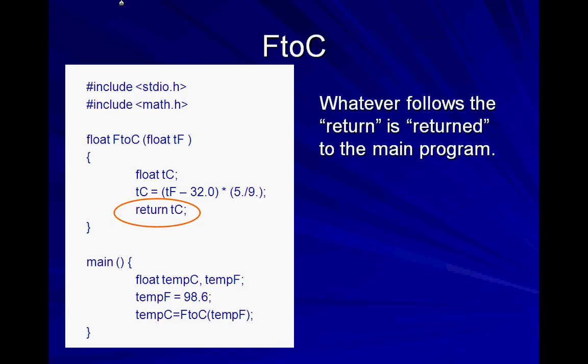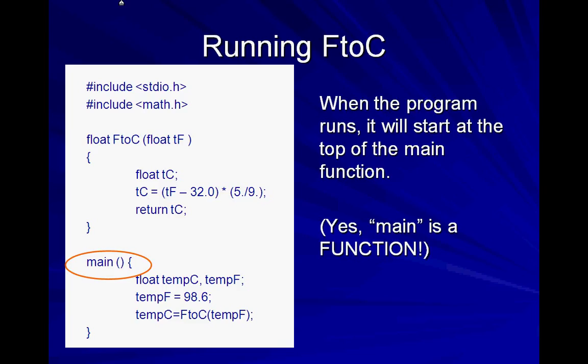When you're actually running this, keep in mind, C has no idea what FtoC is, so it's just looking to see if it's a function, and it is. That value of tempF got passed to FtoC, and inside FtoC that value got called tf. tf is just a local variable inside of this floating point function FtoC, and inside of there, math can happen to it.